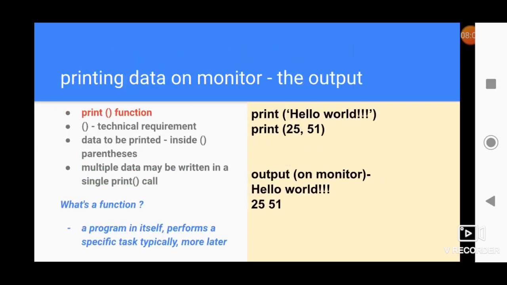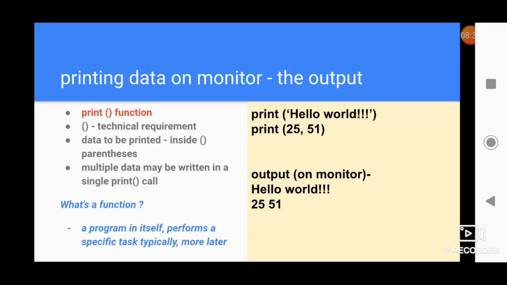Now the pair of parentheses which are written after the print function, inside which I was written, is mandatory. Okay, so it is a technical requirement, or say the syntactic requirement of writing any function in Python, that you must use the pair of parentheses. Now you should understand the role of parentheses here.